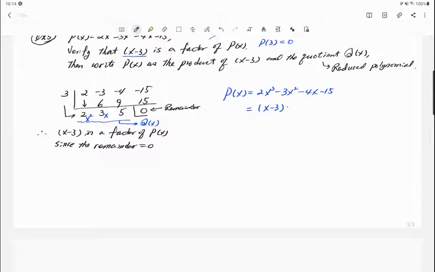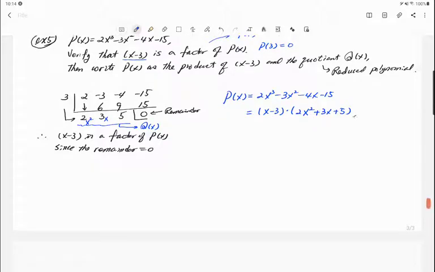And then q of x is the reduced polynomial, which is 2x squared plus 3x plus 5. That's it. So we can write the polynomial as a product of x minus 3 and this trinomial. All right, that's it. Okay, hope you do the exercise homework.